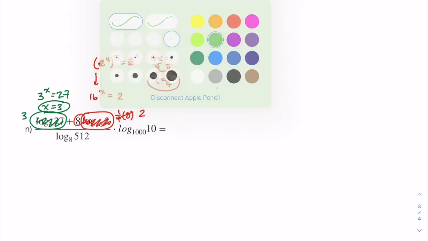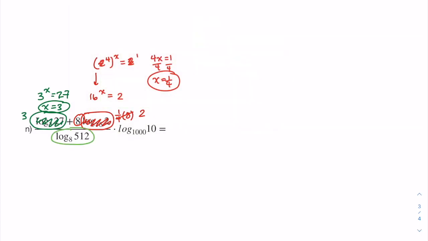Over here, we have 8 to some power is 512. So let me think for a second. 8 times 8 is 64. 64 times 8. Yeah, so pretty sure this is going to be third power. So this just becomes number 3. And then 1,000 to some power equals 10.